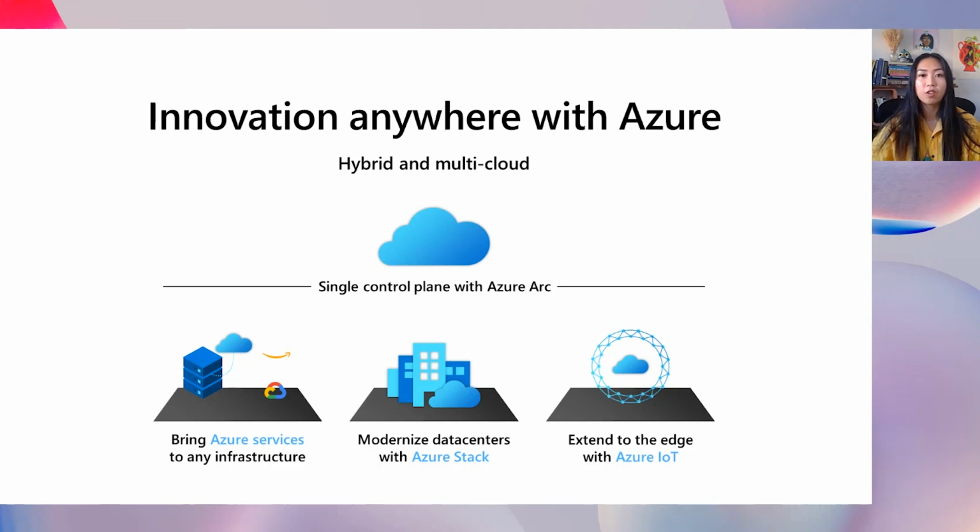Enabled by Azure Arc, you can bring Azure services to any existing infrastructure, including other clouds you are using. So you can take advantage of cloud benefits everywhere, such as scalability, fast deployment, and always up-to-date cloud innovation. You can build Azure consistent cloud infrastructure in your own data center with Azure Stack, so you can modernize your data center and run cloud-native applications on premises while taking advantage of existing investments and meeting regulatory compliances.